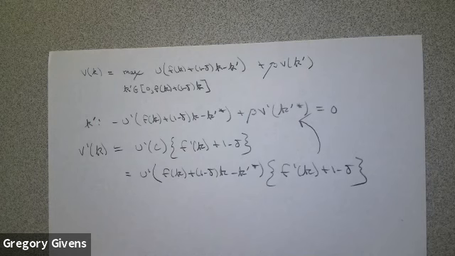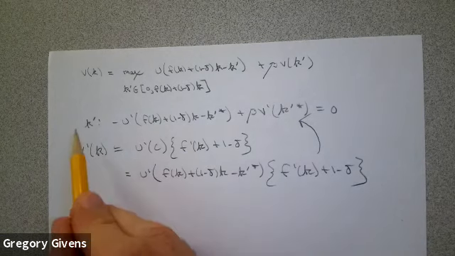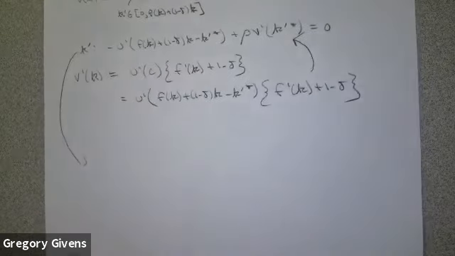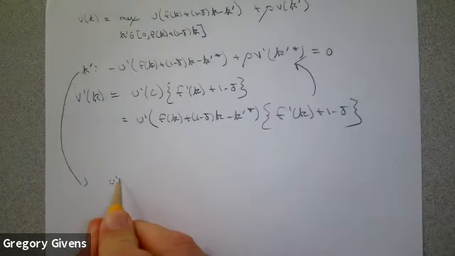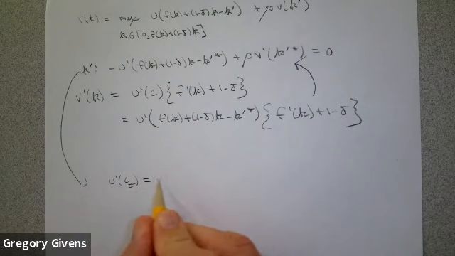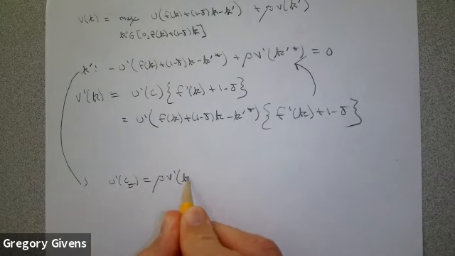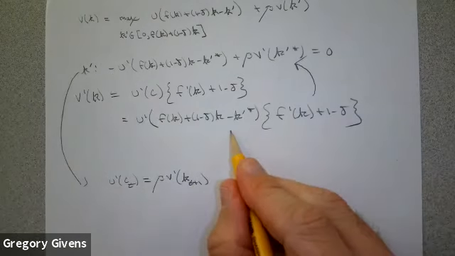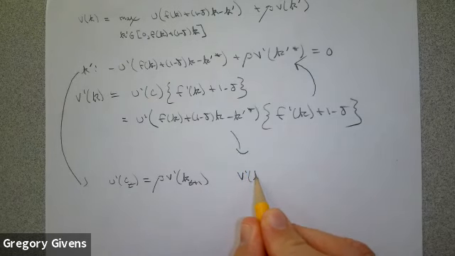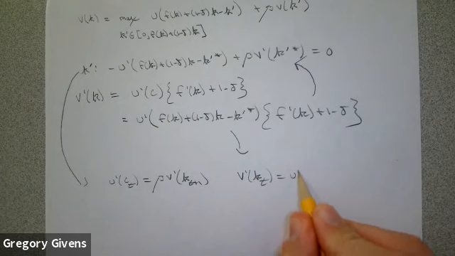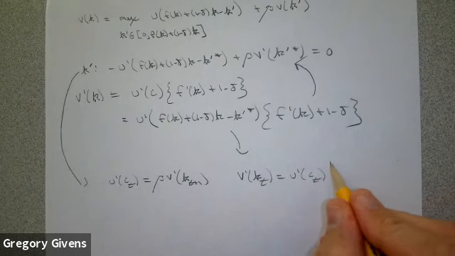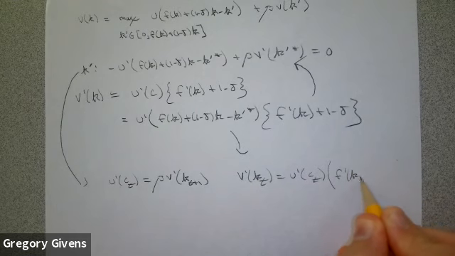Now, as I do this, be careful about this, I'm going to reinsert the time subscripts into the equations, because what I'd like to do is write the list of equilibrium conditions for this model. So for instance, the first order condition can be written as u prime of c_t is equal to beta v prime of k_t plus 1. And the envelope condition can be written as v prime of k_t is equal to u prime of c_t times f prime of k_t plus 1 minus delta.